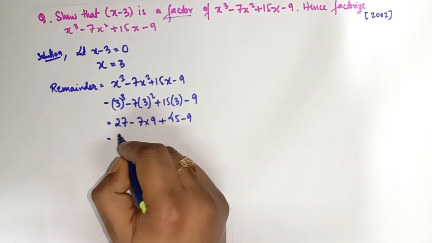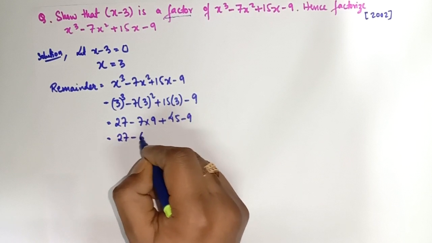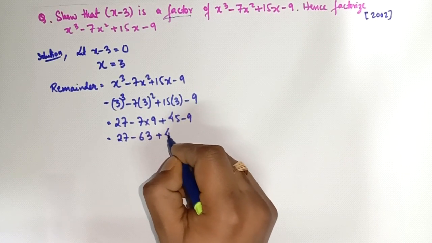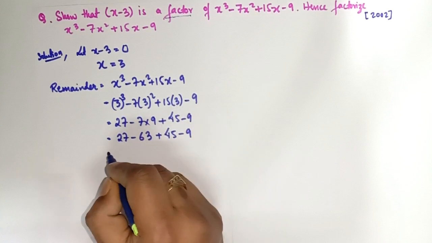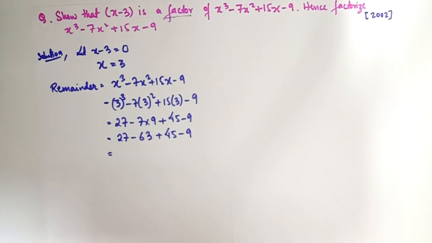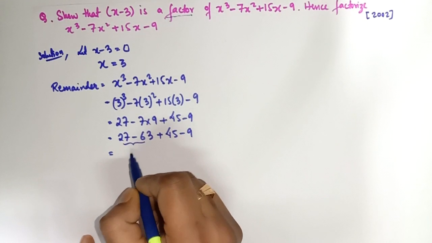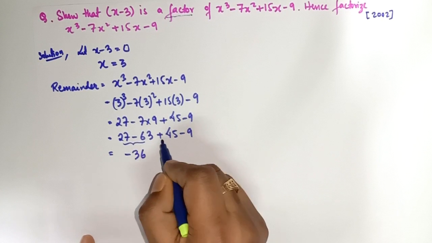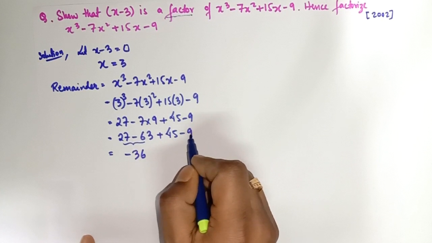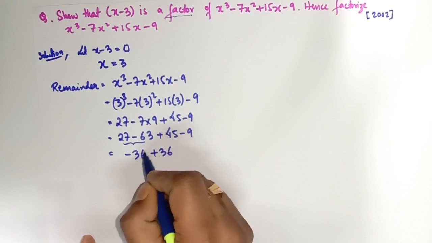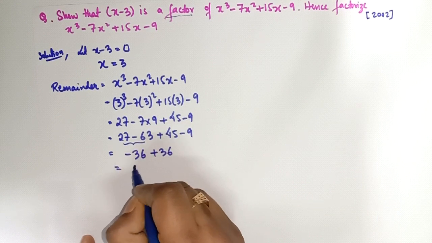So this will be 27 minus 7 nines are 63 plus 45 minus 9. Now what we can do here is 27 minus 63 is minus 36, and plus 45 minus 9 is again 36, so the 36 will get cancelled. So what I got is 0.